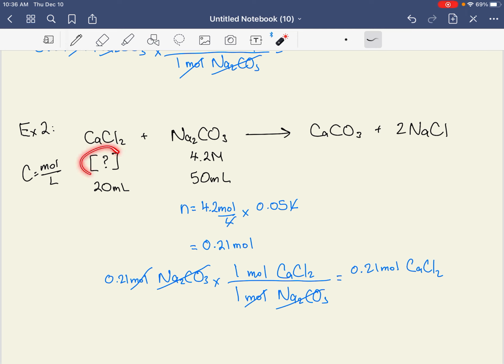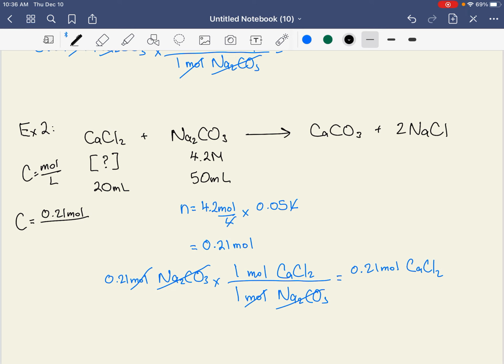Now, you want to know what is the concentration that you use. So this is where you go back to the concentration equation. The mole of CaCl2 you discovered is 0.21 mole.